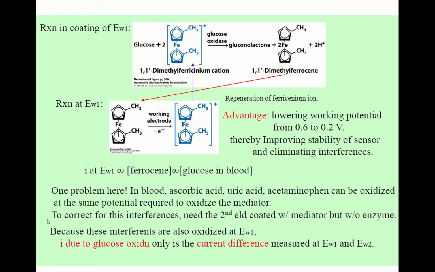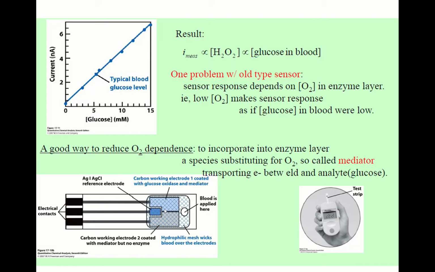So to correct for this interference, you need the second electrode coated with the mediator but without enzyme. Look at that. This part of the working electrode is coated with glucose oxidase and mediator, but this one is coated with only a mediator, without any enzyme.